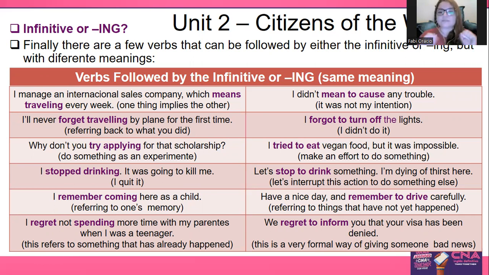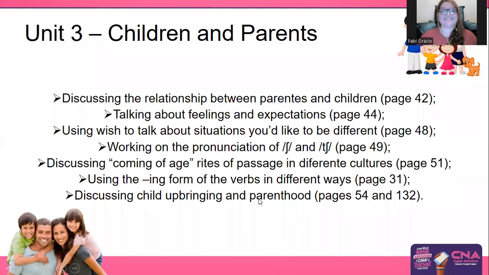Let's interrupt this action to do something else. Which means the first one, with -ing, I'm not going to perform the action anymore, while this one, I'm going to stop what I'm doing and do something else. Okay? So read them all.